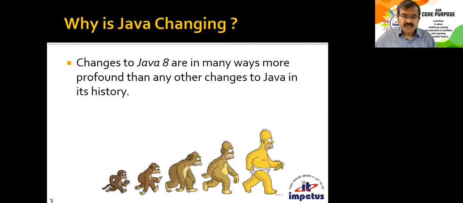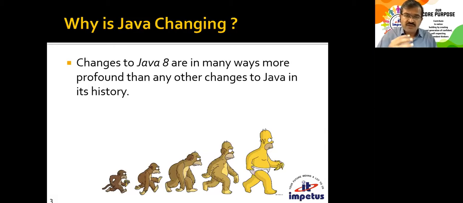Changes in Java SE 8 are in many ways more profound than the changes that were ever made in its history. Why are we saying that? Earlier, the other bigger change was in Java SE 5 when the collection frameworks and concurrency packages were introduced. That was a good change, but not a fundamental change in the approach we write programs.